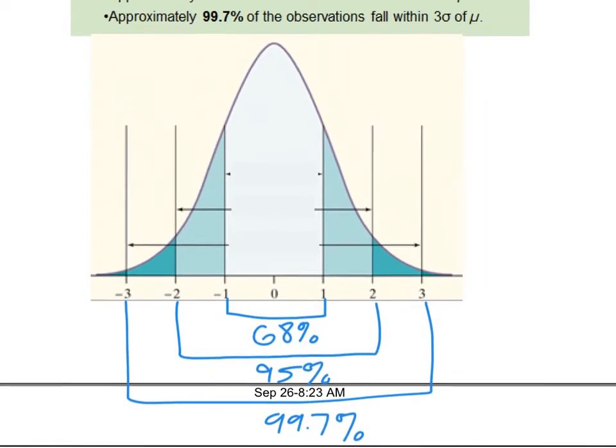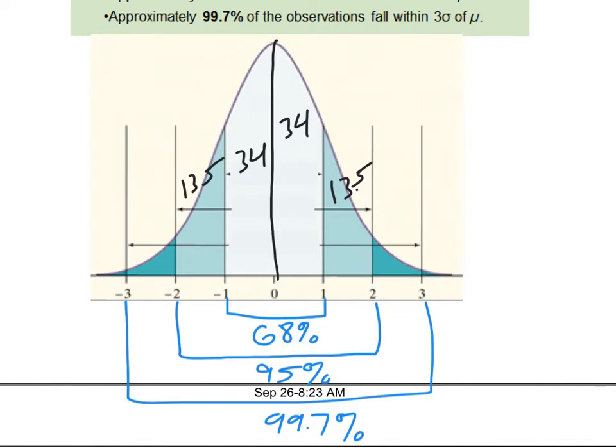Now don't forget that normal distributions are symmetric, so I'm going to draw the center in right here. This 68, you could split up 34 and 34. These are all percentages, by the way. And then if I take the difference of 95 and 68, that's about 13 and a half.